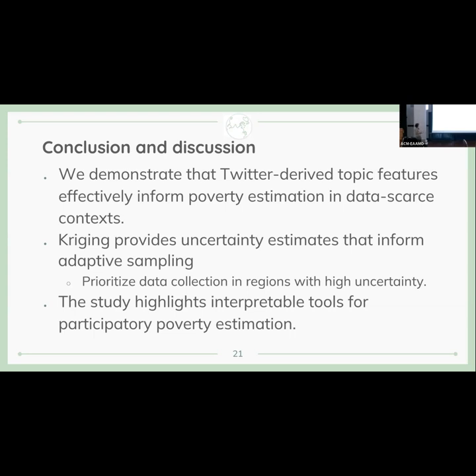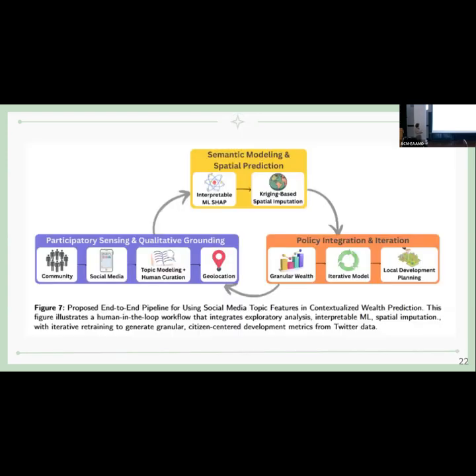This study also highlights interpretable tools for participatory poverty prediction. Here is the pipeline for using social media topic features in estimating poverty. Again, unlike other features, social media provides rich contextual information that can be used for poverty prediction.